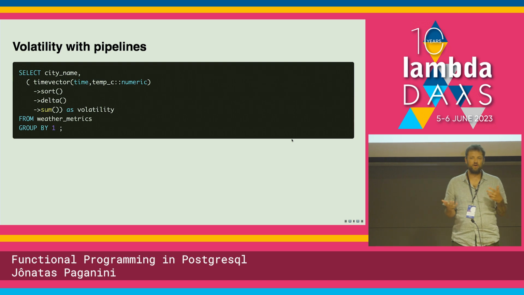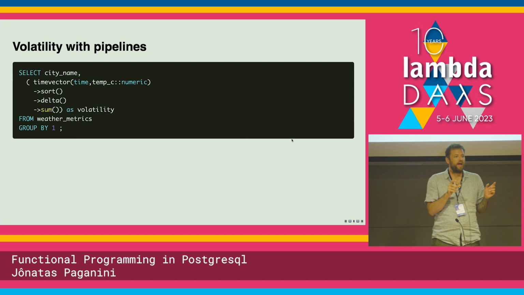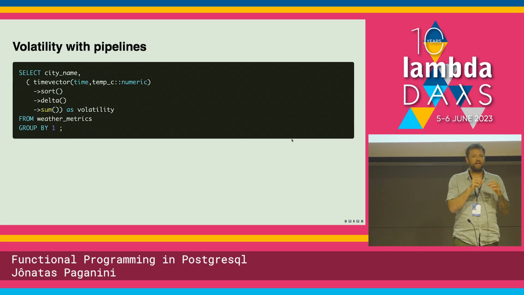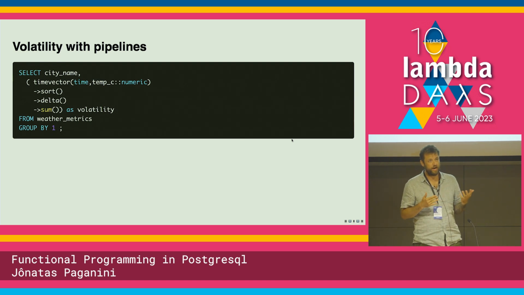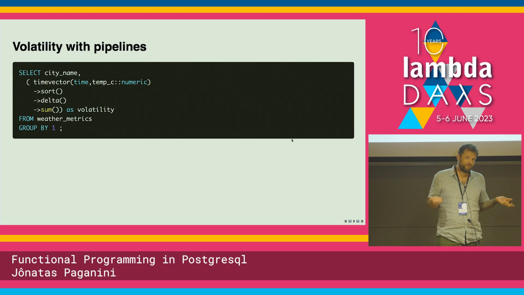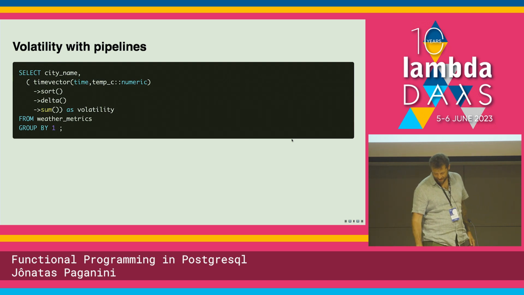If you are familiar with, for example, full text search, they have the at operator, and in PostGIS there are their custom operators. There are custom operators everywhere. And then we thought, why not, right? So we can build it, and that's the idea behind this.